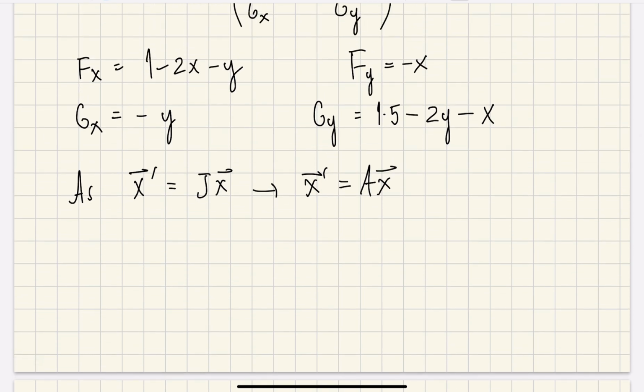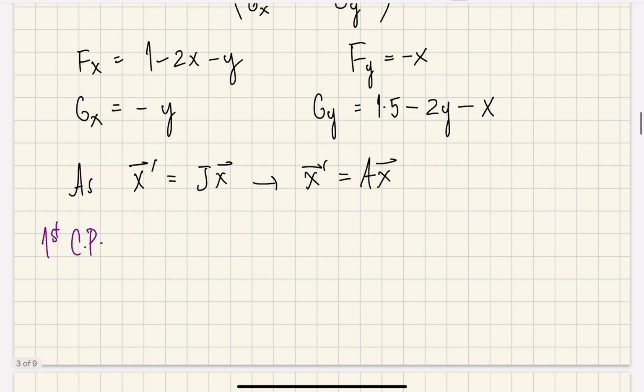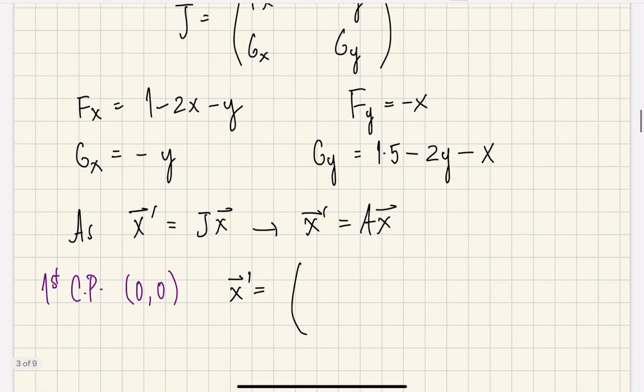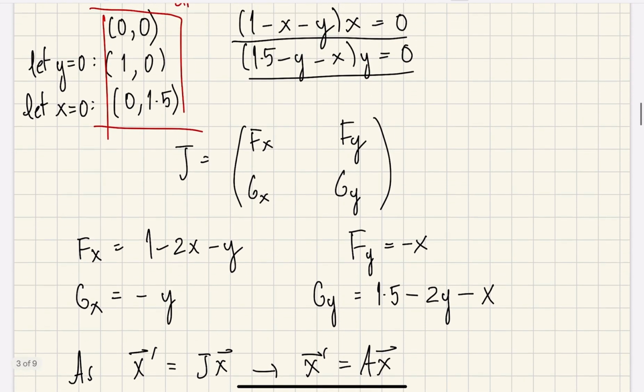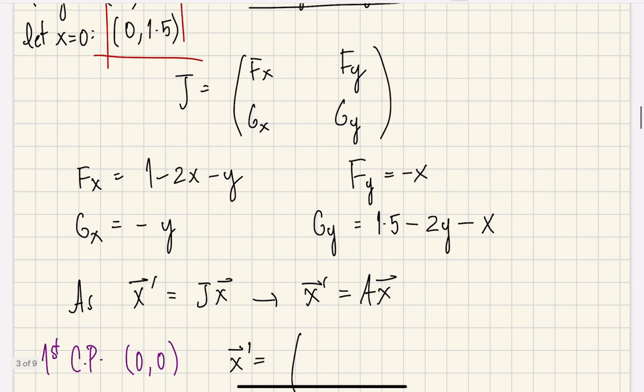So our first critical point, 0, 0. Our Jacobian for the first point, we will get the Jacobian for the first point of all of our points by plugging in the x and y's into all of these.